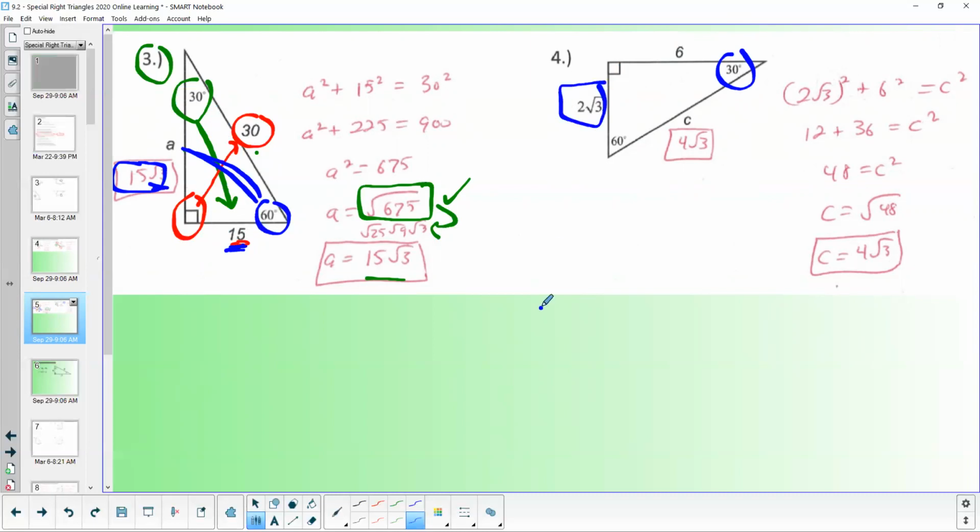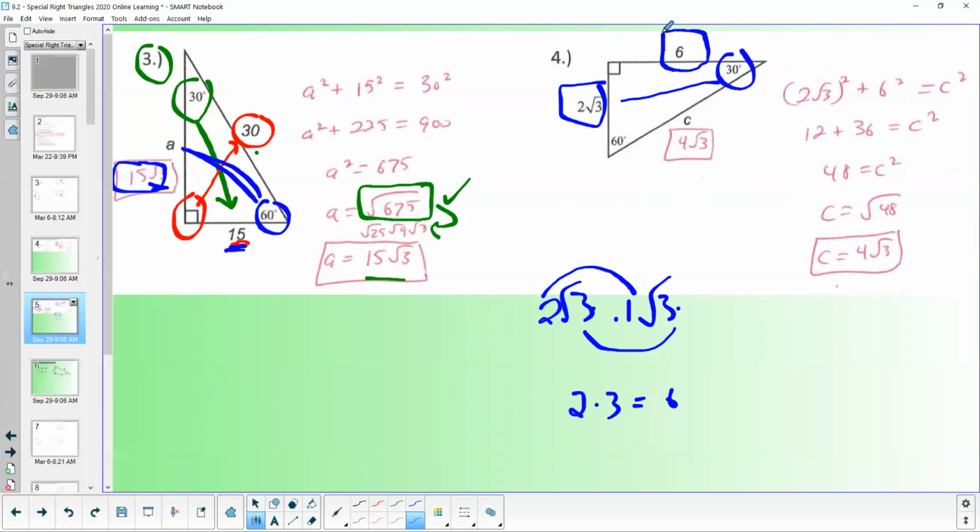And if we take that smallest side, 2 root 3, and multiply that by root 3, same rule we said before, you multiply the number on the outside times the outside, inside times the inside. Since there's nothing on the outside, we just say that's 1, so 2 times 1 is 2, and then root 3 times root 3 is root 9, which ends up being 3, and that gives us a value of 6. So it seems like the pattern holds.